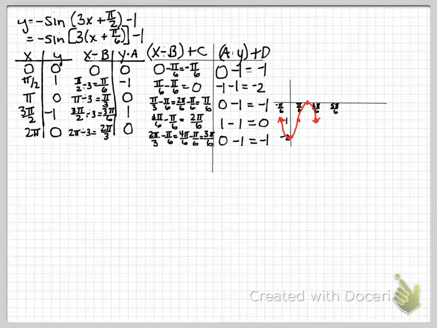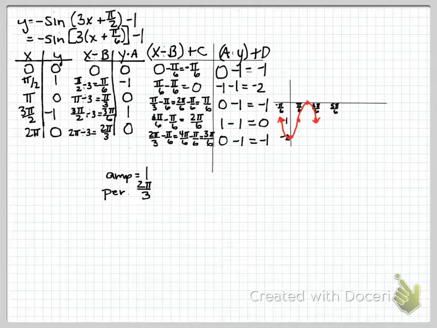So let's do all of our information. Amplitude, again, that's our a value. It's the absolute value of a, so the negative only reflects it. But the a is actually 1, so our amplitude is 1. Our period, remember, is 2 pi divided by b.